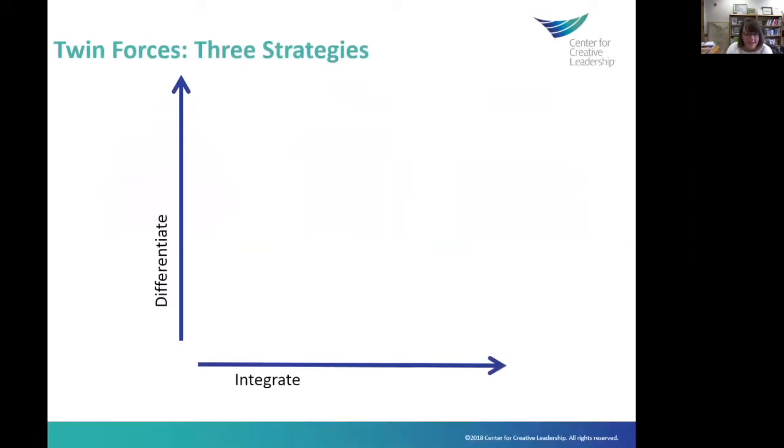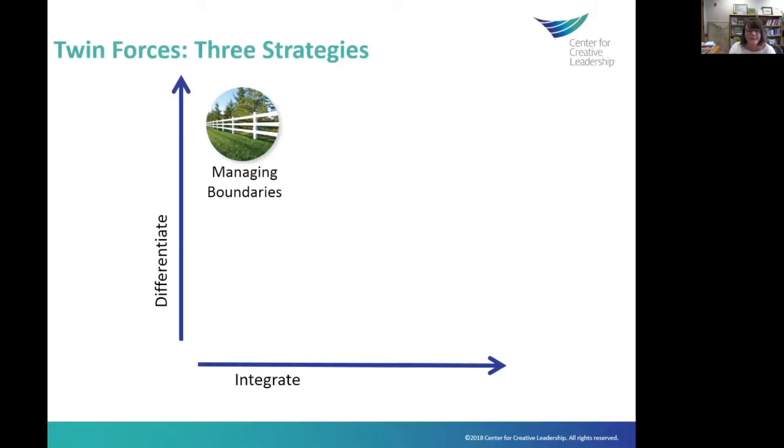So along that one axis is where we differentiate, and you can see here the other axis is where we integrate. And these are two really powerful human needs that we all have. One is the ability for us to differentiate. What makes us unique? In order to realize the managing boundaries strategy, you've got to be able to tap into that uniqueness.